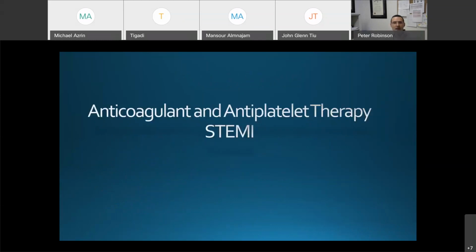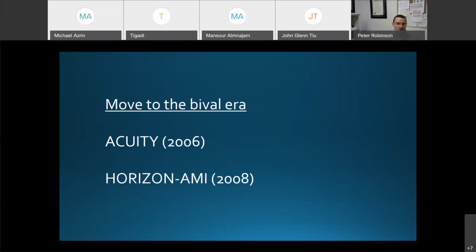How about anticoagulant versus antiplatelet therapy? Historically, after the ACUITY trial in 2006 and HORIZONS-AMI in 2008, there was what I refer to as the move to the bival era. We did it up at Bay State as well. We changed our STEMI protocol from heparin and 2B3A inhibitors to bivalirudin.